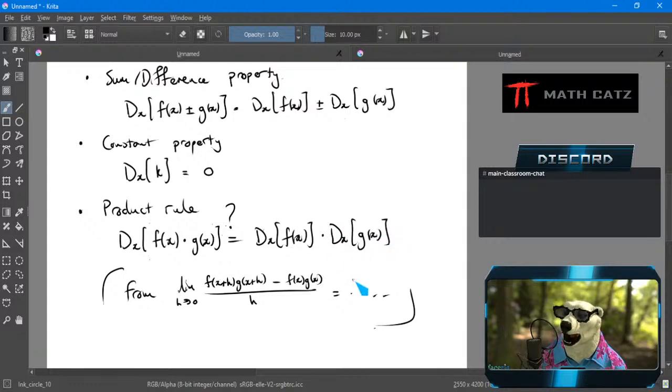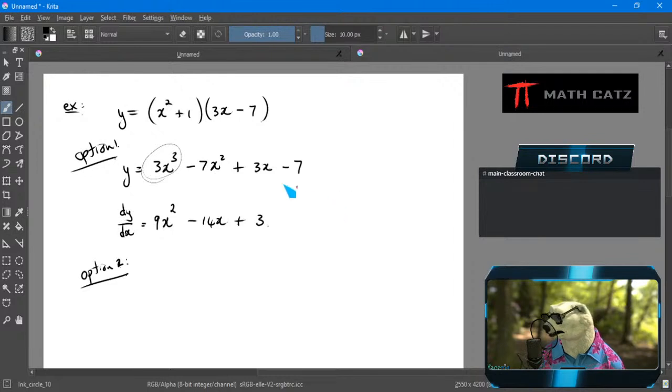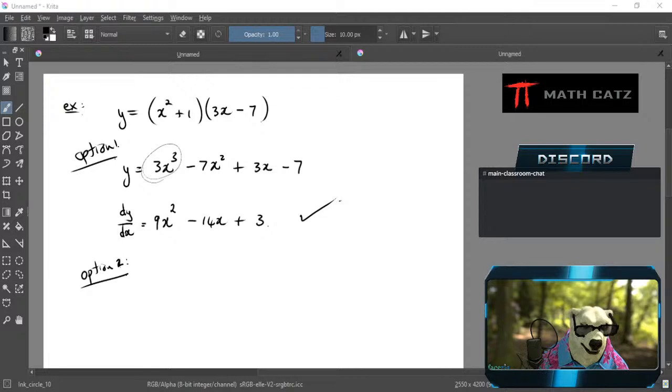Of course, I would want it to work like this, but I have a question mark still. I'm not sure. Let's have a look at this example and see. I know what the answer is. This answer is correct.